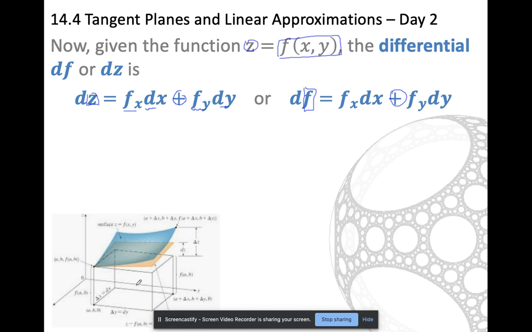So here's the corresponding picture in 3D, where we're talking about those tangent planes and the actual change in z from the surface to its tangent plane and the differential there.